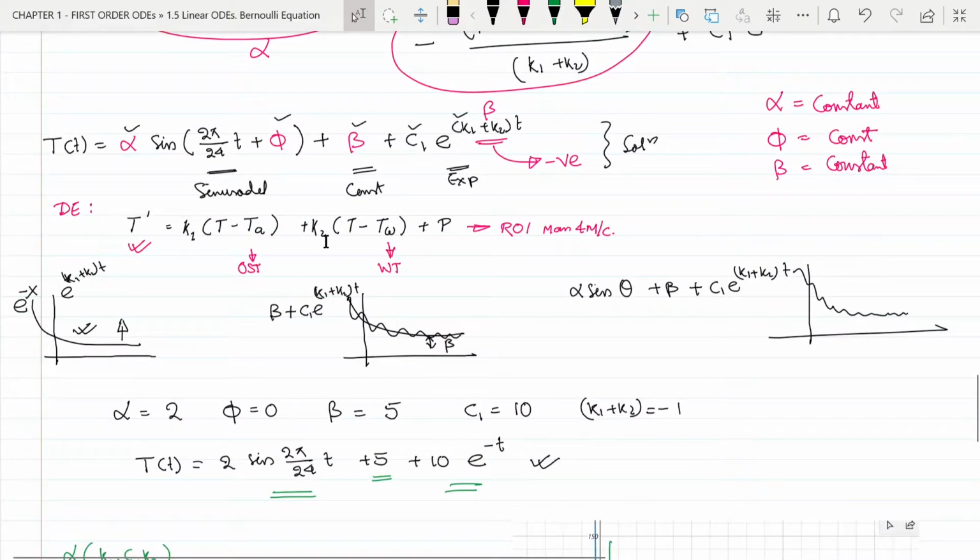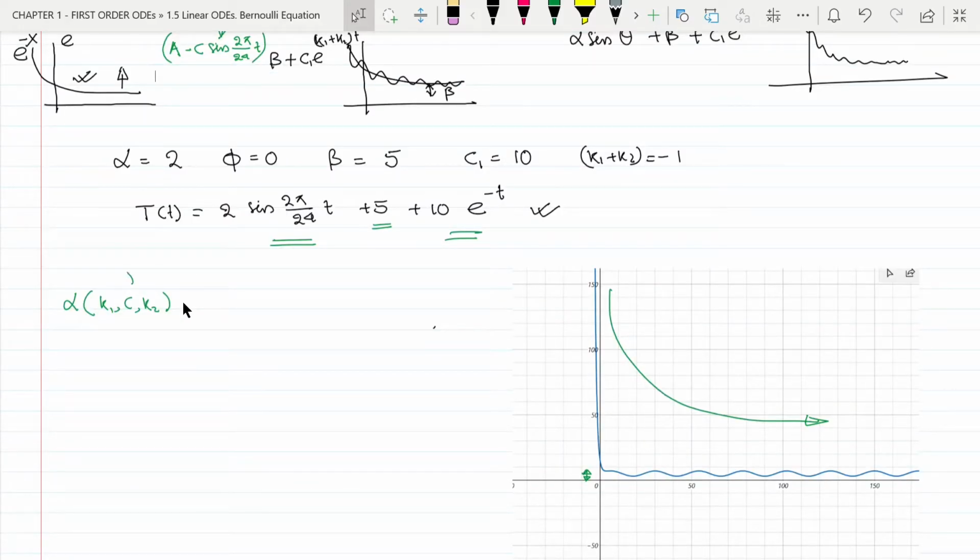So this k1, k2 and c, where c comes from this ta term, because ta was given to be a minus c sine 2 pi by 24 t. So these three terms decide the value of alpha, and alpha is the amplitude of this oscillation.